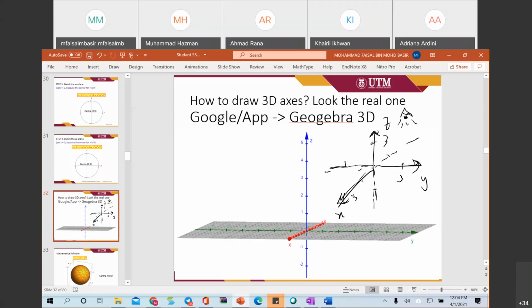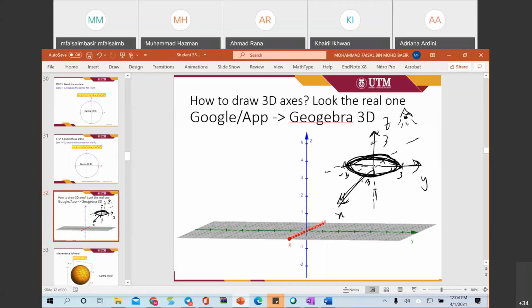So XY plane. Usually to draw in the XY plane, I have to put the X smaller and the Y is bigger. Why? So I will get something like this. Okay, you will see why it is like an ellipse.